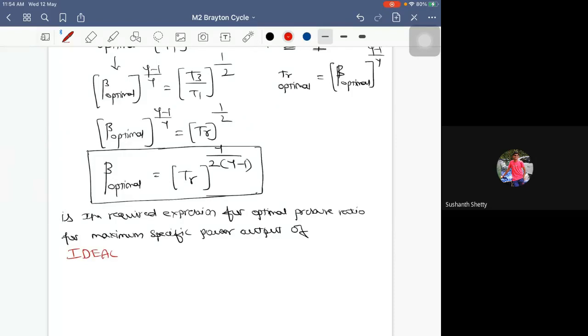Ideal Brayton cycle. Any doubts in this particular derivation? Any doubts?